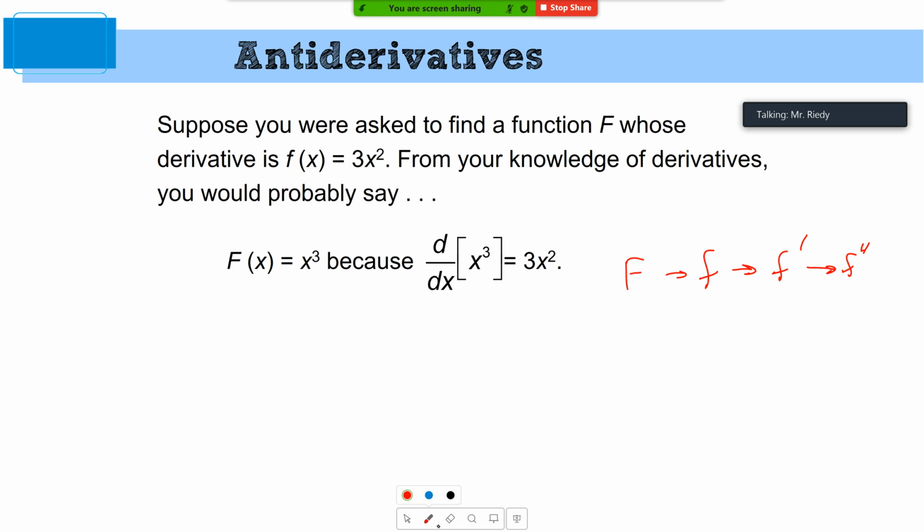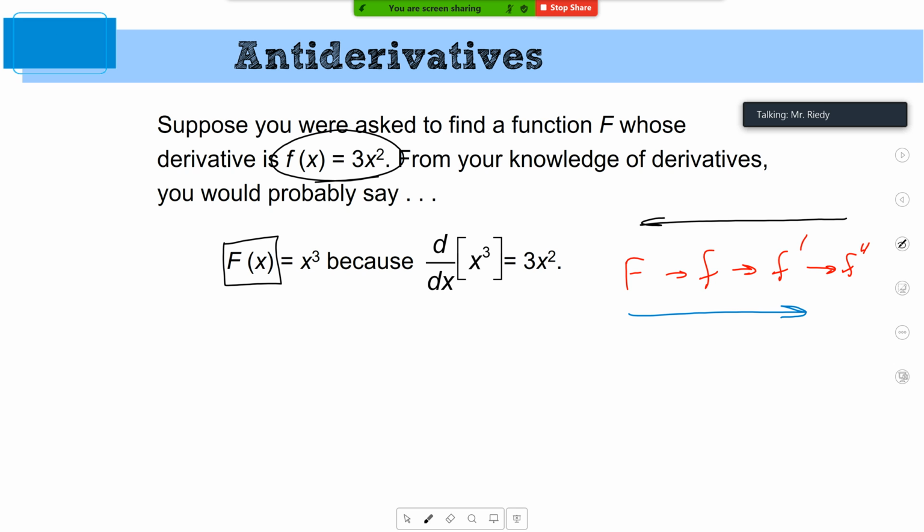We're going to talk about going in this direction, which we've already done. Taking the derivative of f gives us f prime. The derivative of f prime is f double prime. But we're also going to talk about, mainly in this chapter, going backwards, going the other way, which we just did. We started with this function of f of x, and the question is, what does capital F of x look like in order to get that as an answer?